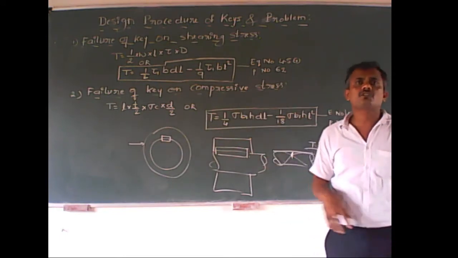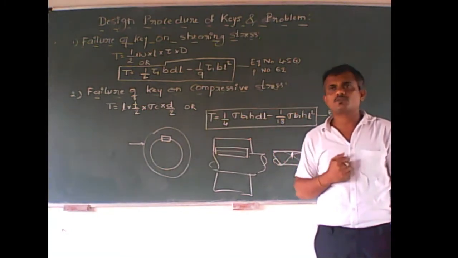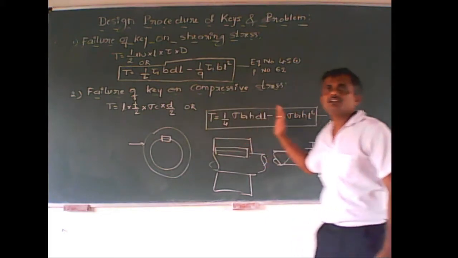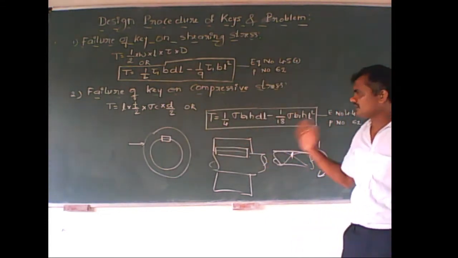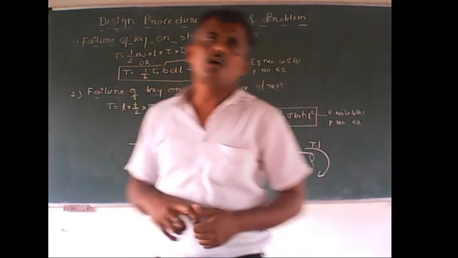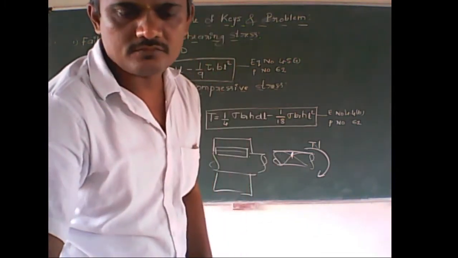Therefore, we can ignore it. When I refer to a standard textbook like R.S. Khurmi, he has used only this part of the equation and has ignored the rest. So you can take this as a reference, and next we will solve the problem on key. Okay, so take it down.